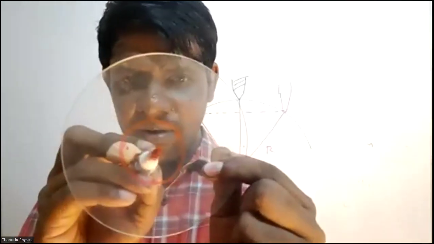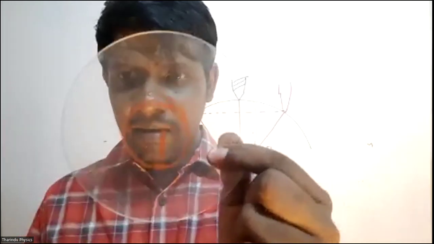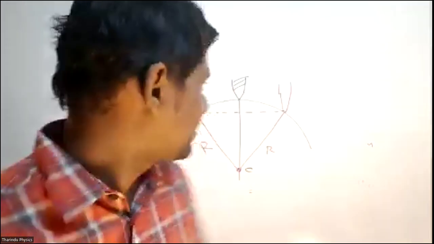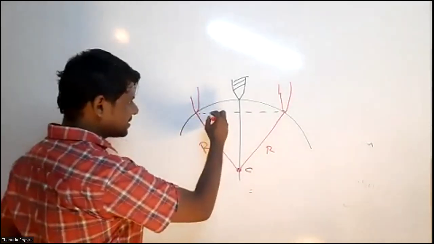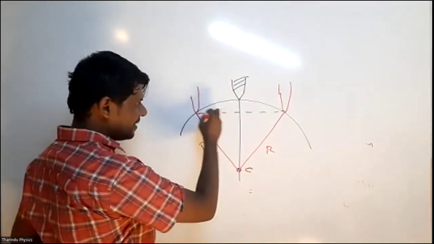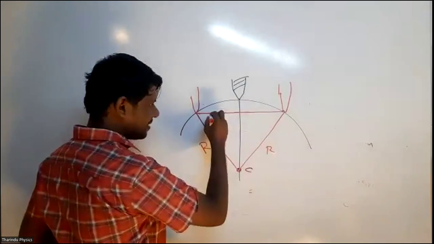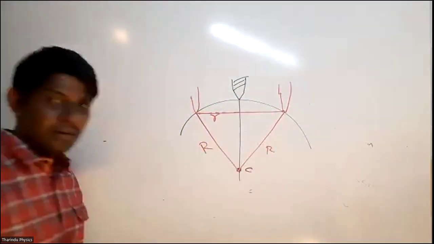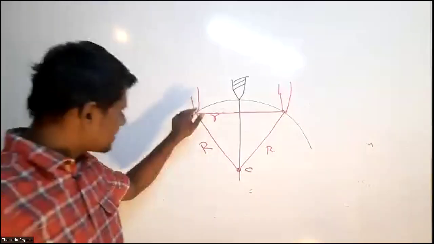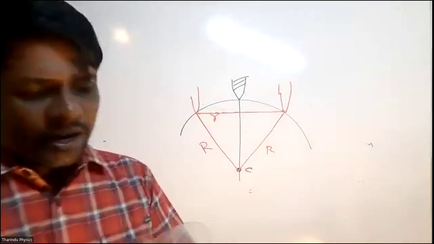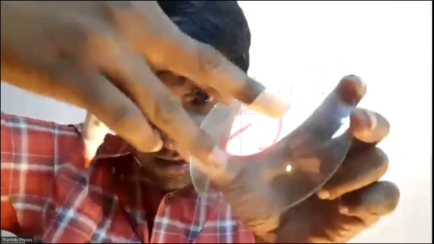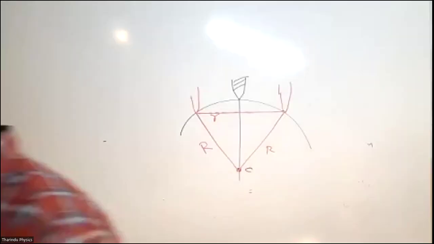Now I can make a line, and it will make a radius of that circle. This is the radius of what? That circle, where you keep all three legs like this.